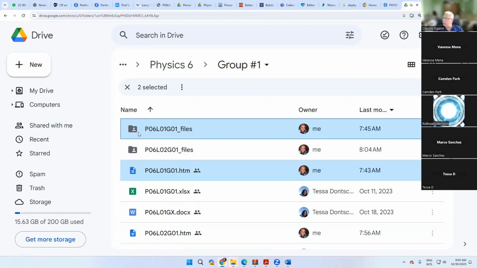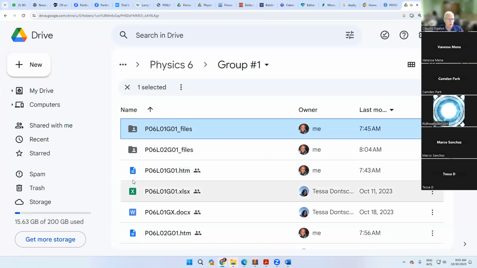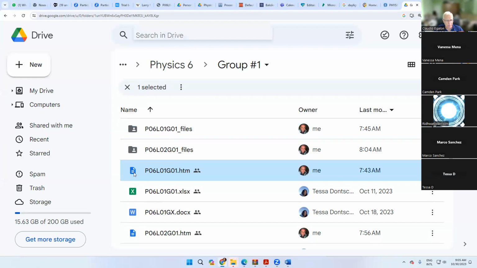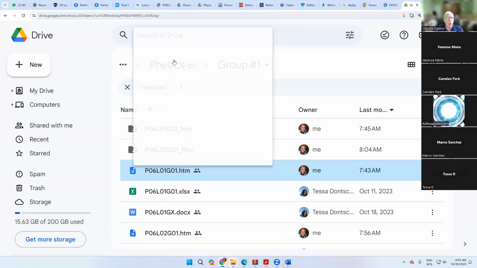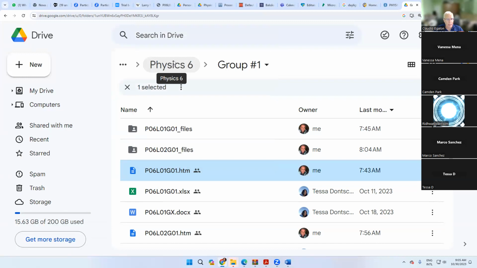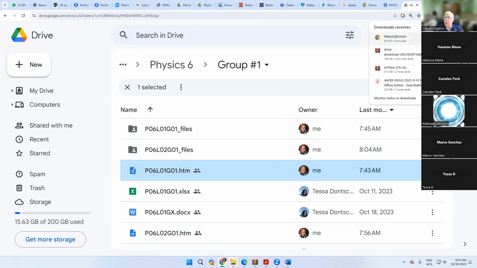And like I said, I'm going to leave these instructions in my notes. So here you go. You can download them separately or simultaneously. It's up to you, okay? You go one by one, download. It usually is downloaded to the download file.